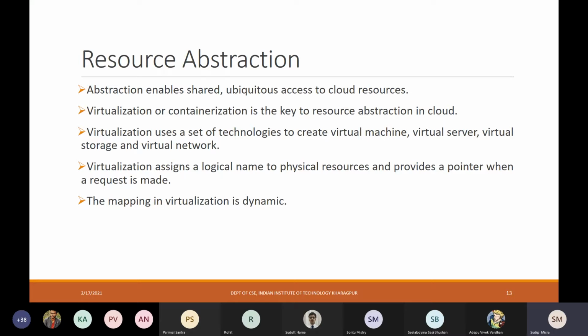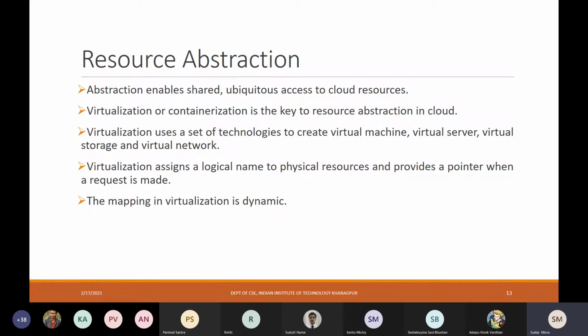Second point is virtualization, right? Virtualization is basically very similar to containerization, and containerization, microservices, etc. we spoke about in one of the previous classes, right? So virtualization or containerization is basically key to resource abstraction in cloud computing.